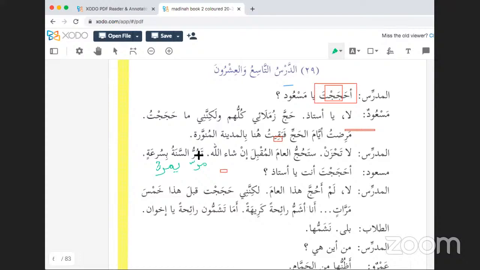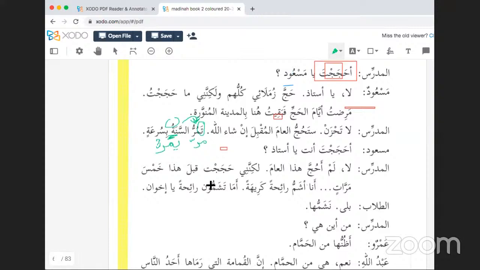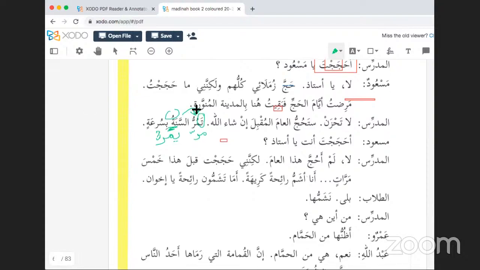Okay, and here because as-sanatu with ta marbuta is the fa'il, for this reason the fi'l mudari' is tamurru. No, ahsanti. The sister said the same thing. This is because it is feminine of sana. The verb is relative to as-sanatu.